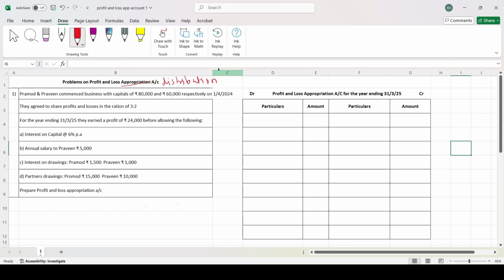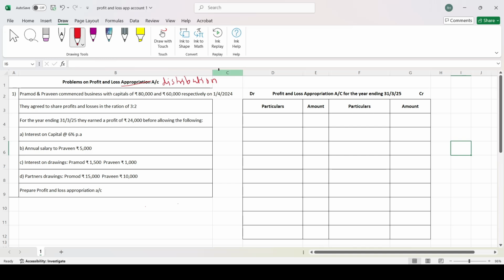So profit and loss appropriation is nothing but profit and loss distribution. How your profits are distributed among the partners for different purposes will be shown in your profit and loss appropriation account. Okay, so it is just an extension of the profit and loss account. First we'll prepare the profit and loss account, find out the profit or loss, then distribute that profit in your P&L appropriation account.